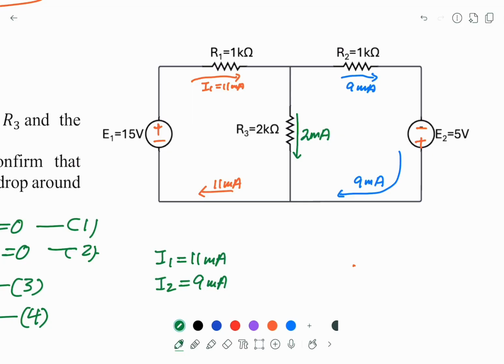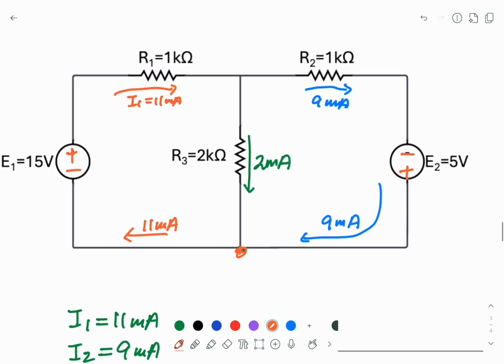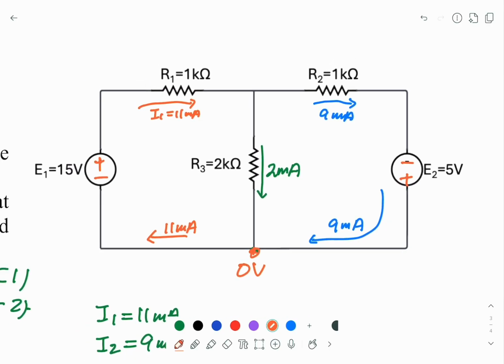Now let's look at the potential here. Assume again the bottom part here is 0 volt. So we have 0 volt here, and E1 will rise from 0 volt to 15. So this one here must be 15 volt. Now the potential difference across R1 is 1K multiplied by 11 milliamp, so it's 11 volt.